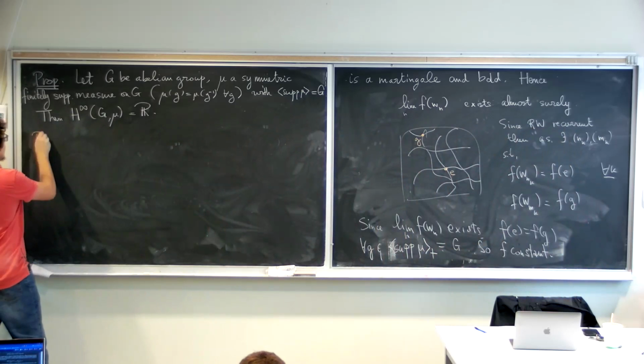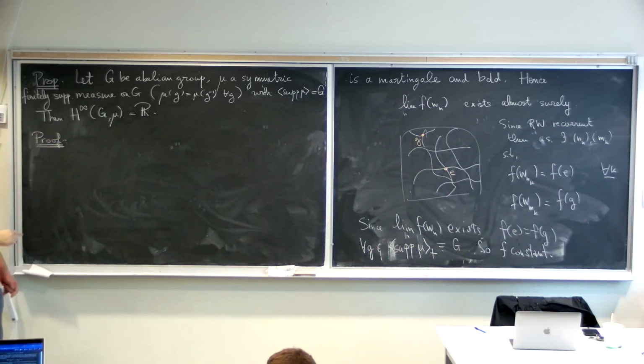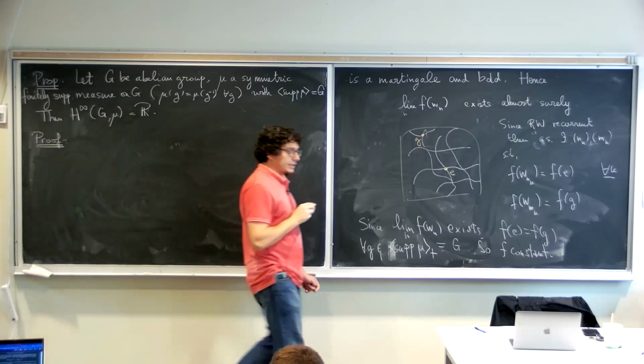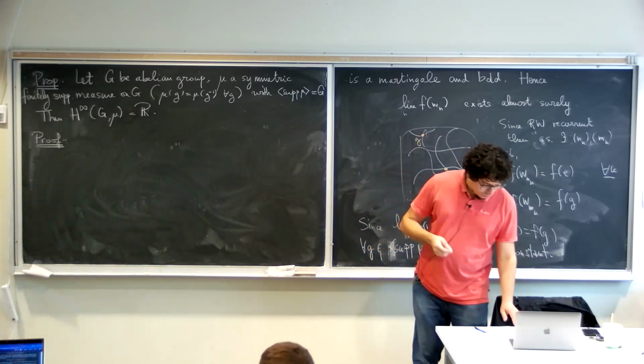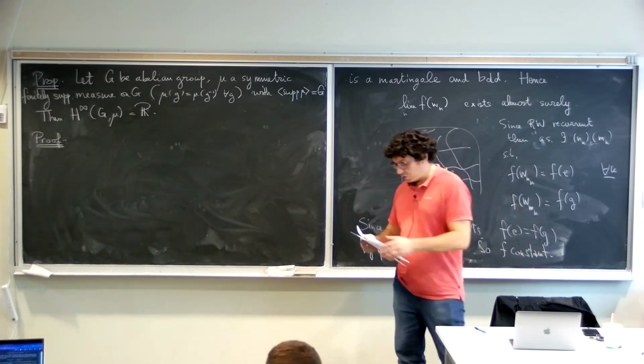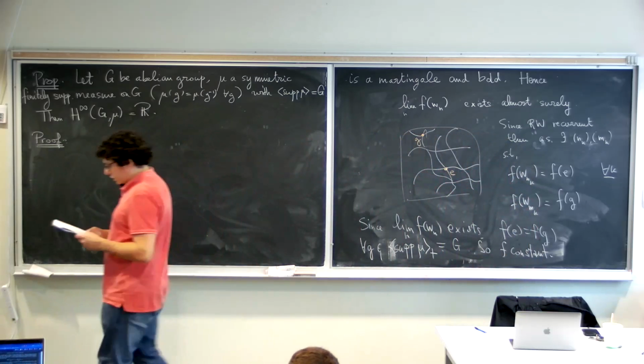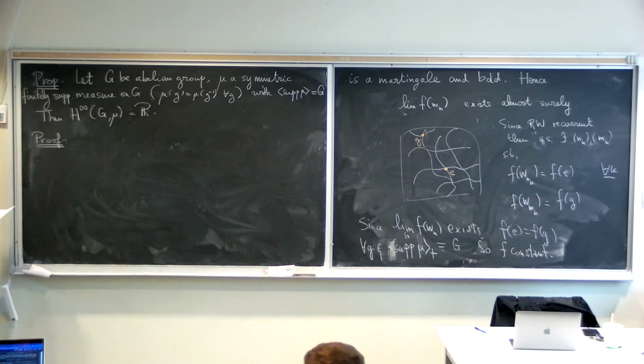Okay, so what do we need here? Well, first of all, we need again just a little bit of functional analysis to say what is the shape of the space of harmonic functions.